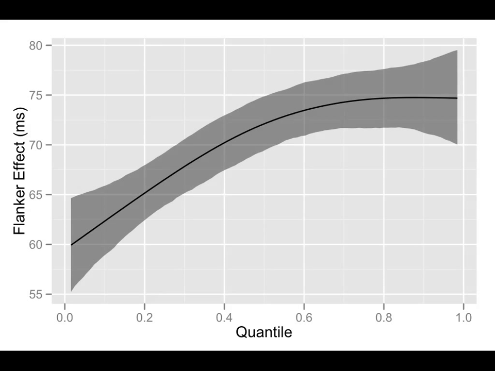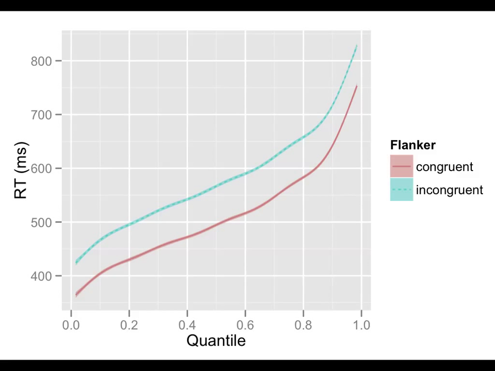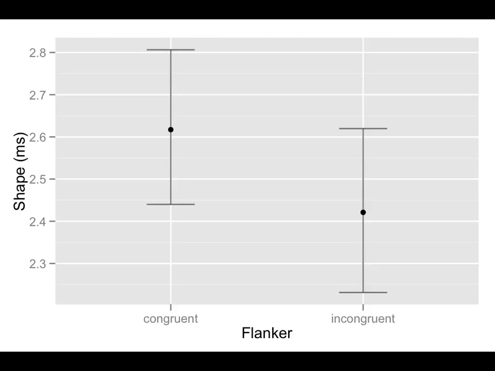I've also been exploring summarizing these plots in terms of metrics of the shape versus the scale or the shift of the distribution. This plot shows the shape of the distribution, how skewed they are. So a higher value means there's more skew.